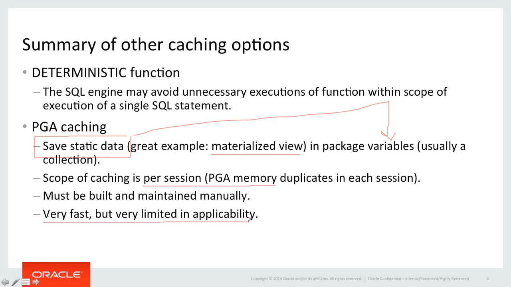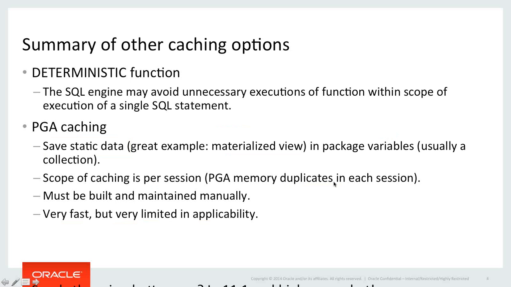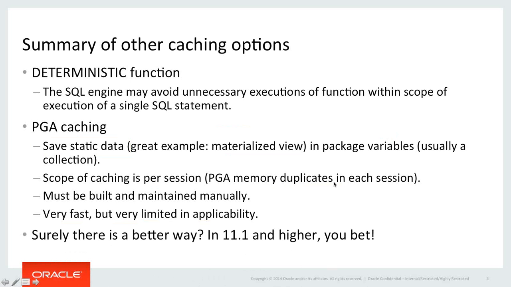This is a very fast technique, but it also involves duplication of memory in each one of those sessions and also requires fully static data. And you have to build and maintain it manually, which is kind of a drag. Is there a better way? Absolutely. In 11.1 and higher, we'll take a look at the function result cache. First, let's just show you some of the code for these other approaches.